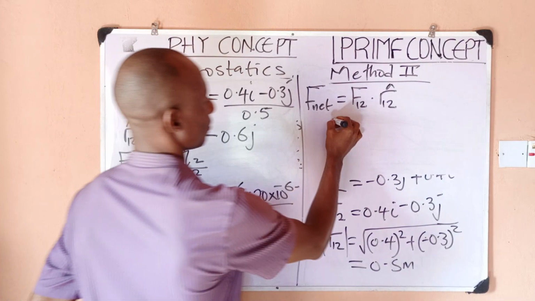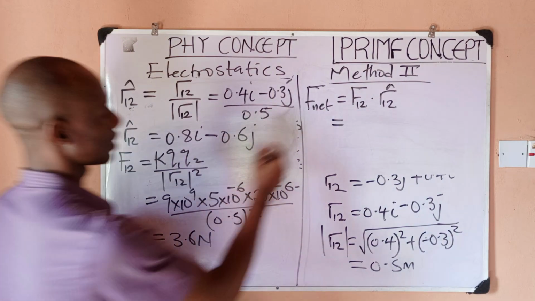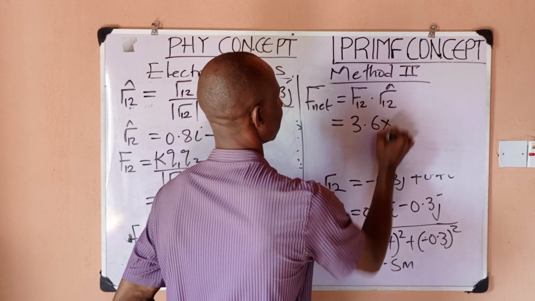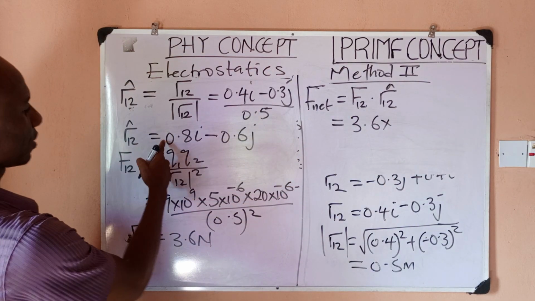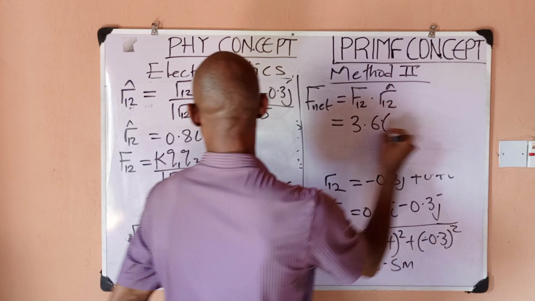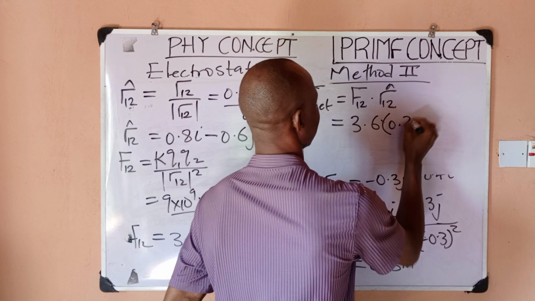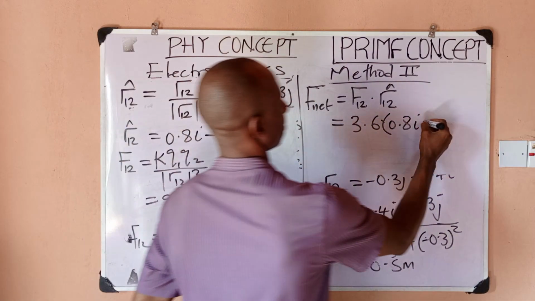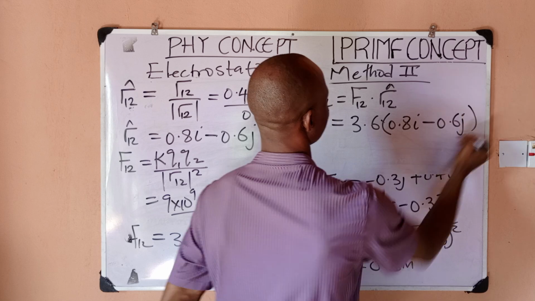What is my F12? My F12 is 3.6. What is my R12 unit vector? It is 0.8i minus 0.6j.